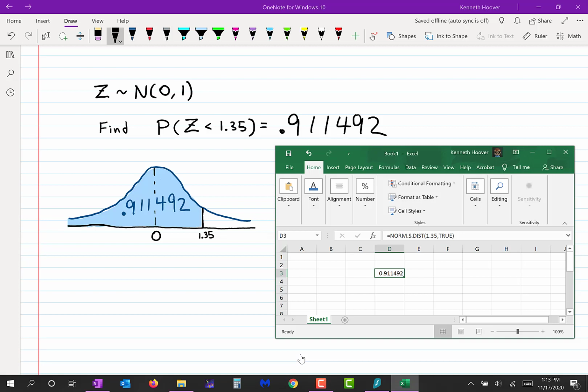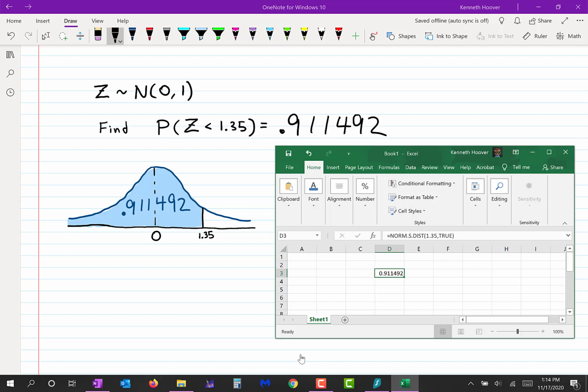And we had to add the additional 0.5, remember? If you don't remember that, then rewind the video and look. It gave us the 0.411 part, and we had to add the additional 0.5 ourselves. When you use Excel, it gives you the whole area. So it saves a little bit of work.